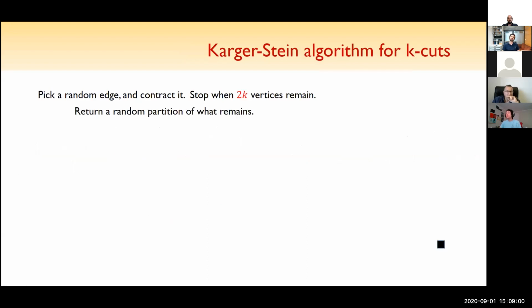So the Karger-Stein algorithm is just a very straightforward generalization of this randomized contraction algorithm for k-cuts. The only change here is we stop when there are 2k vertices remaining, and then once we have 2k vertices, we just pick a random partition of the remaining graph into k pieces.